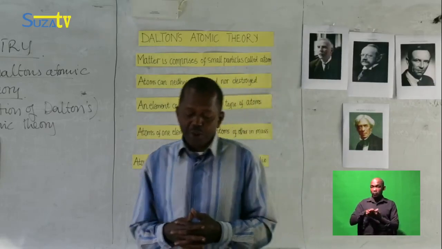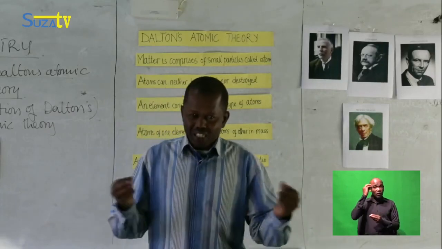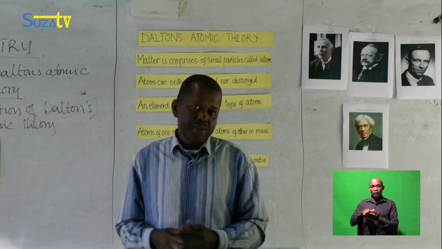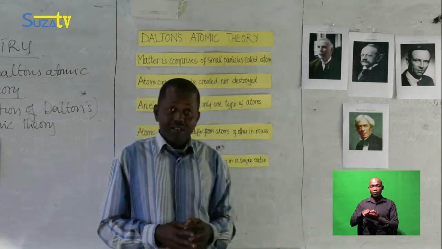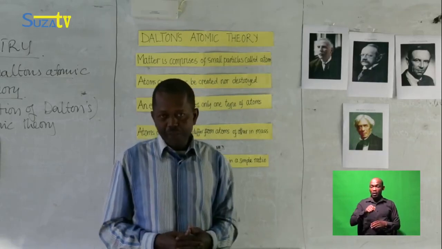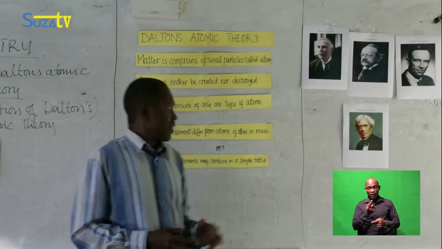But also, the theory did not explain the distinction between atom and molecule. And that's why those scientists came, and from their findings and development, they tried to modify Dalton theory.